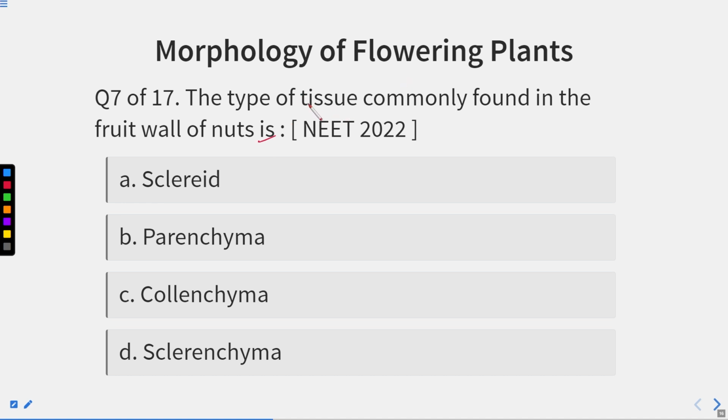Okay, so they are talking about the type of tissue. Now options are sclereid, parenchyma, collenchyma and sclerenchyma. So let's start with parenchyma first, then we'll come to sclereid. Parenchyma, they are mostly meristematic. In plants, they can be photosynthetic also.